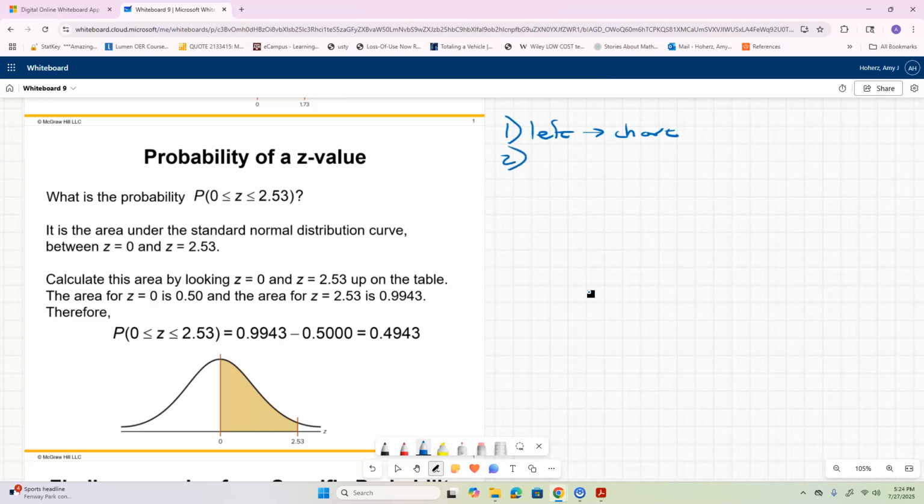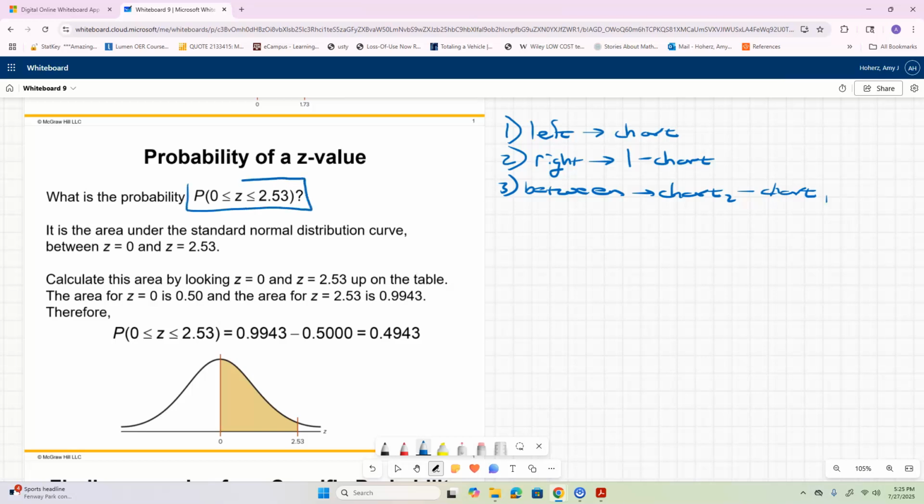If they ask to the right or above or higher, that's going to be 1 minus whatever's on the chart. In this case, they're asking us a between, and so we're going to have to find a chart value for the larger number, and then find the chart value for the smaller number, and subtract them.